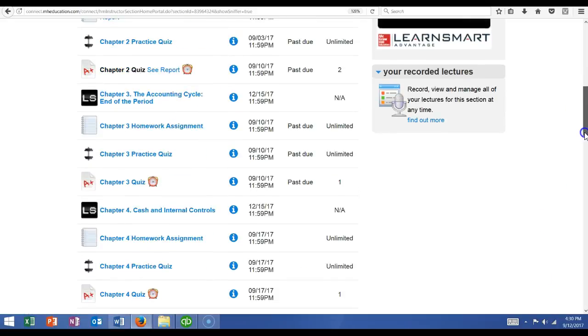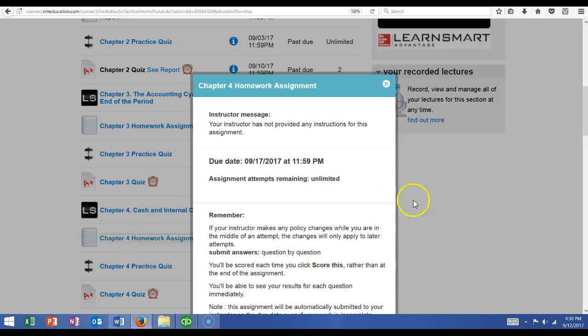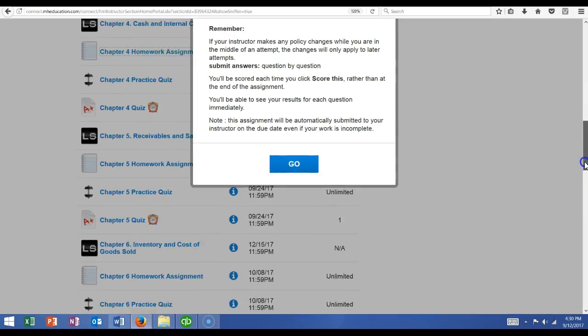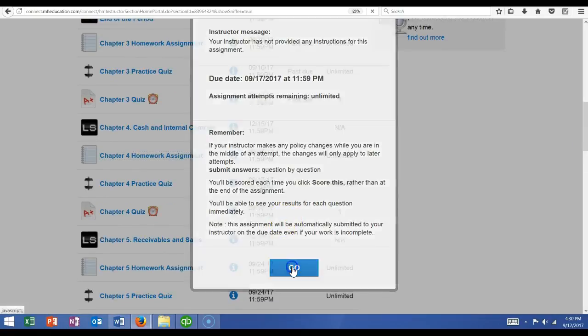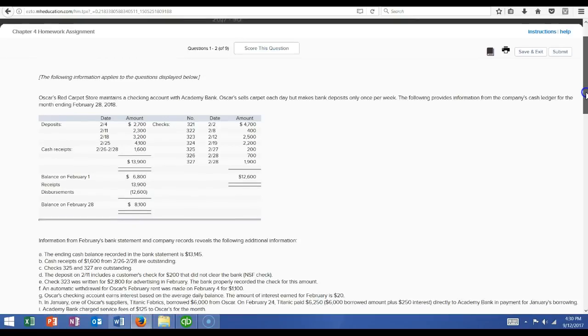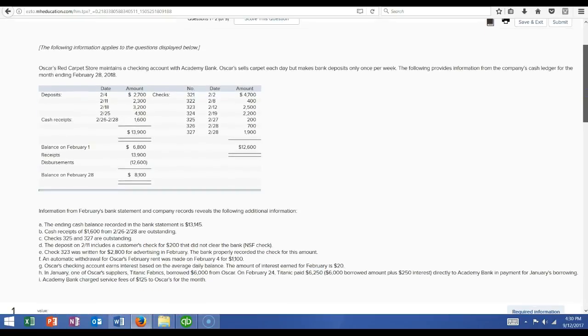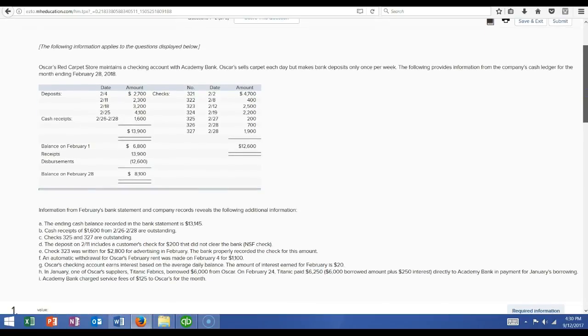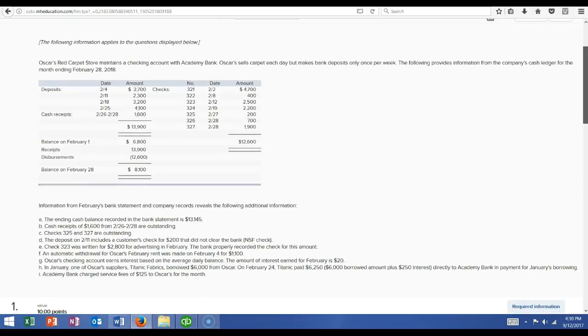So for this lecture, we are going to look at the homework for Chapter 4 so I can walk you through how you're going to complete this homework. Now the first question, exercise here, provides you with information regarding creating a bank reconciliation.